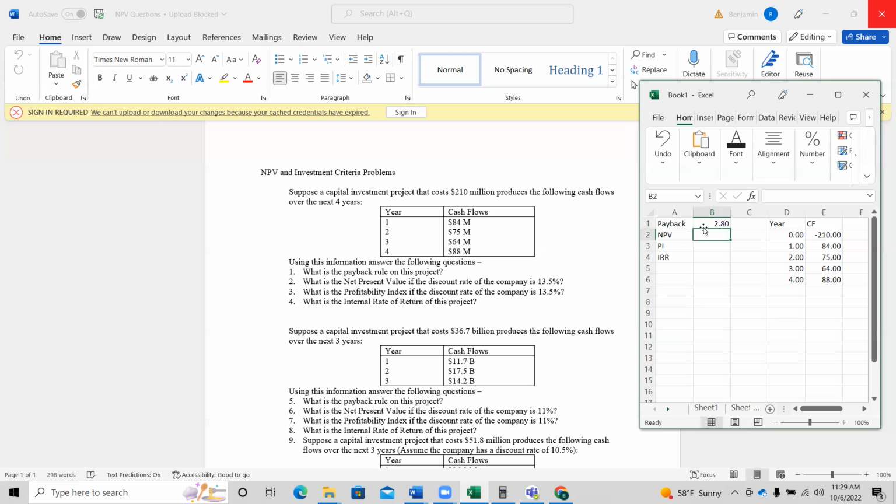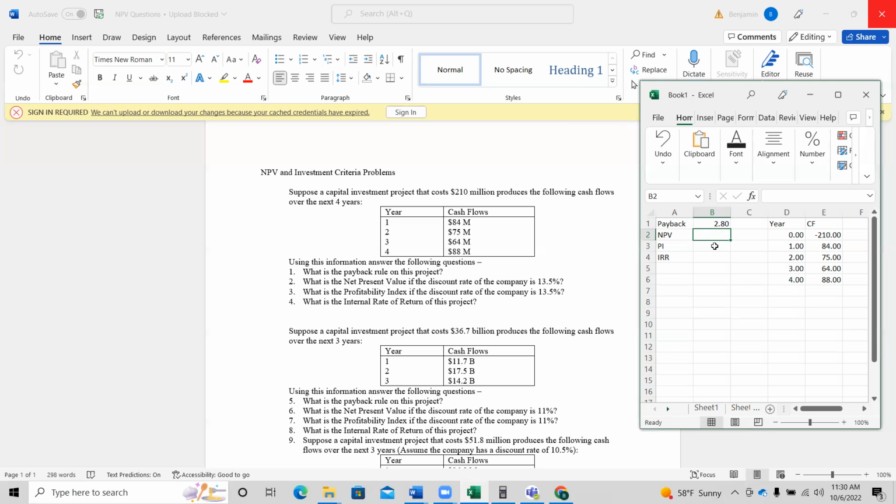If I hit that, it looks like 2.8 years. That's our payback method. Now, again, the payback method doesn't account for the time value of money. However, especially when a firm is trying to compare projects, it's a quick way to figure out which projects are most likely to pay back soonest.